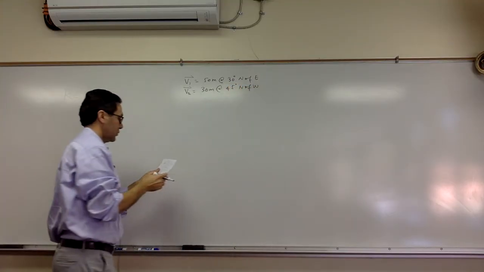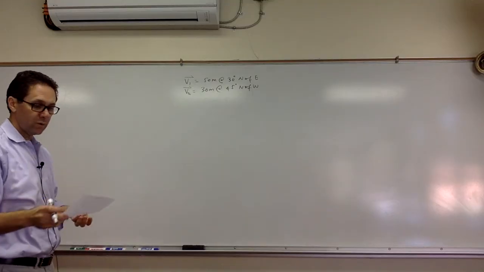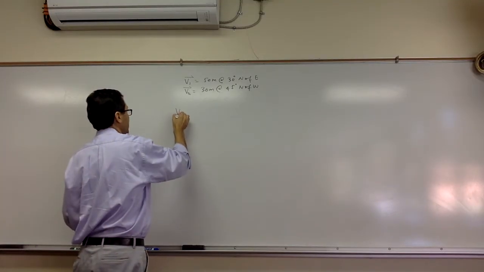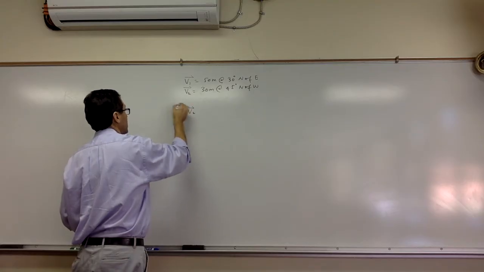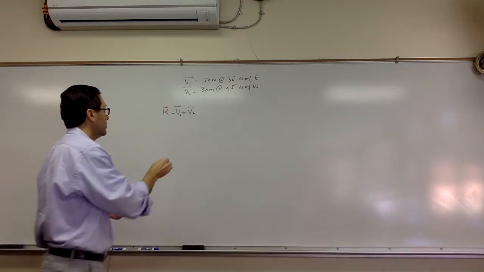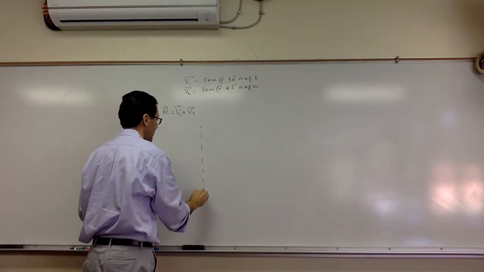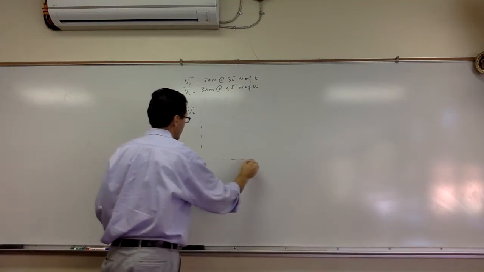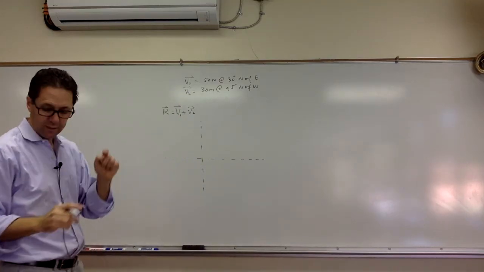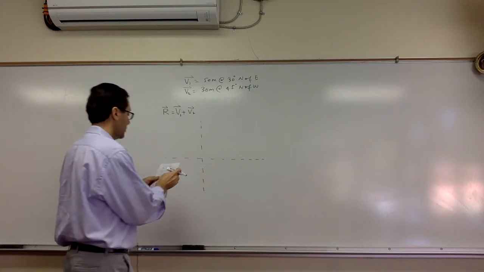Now, to do V1 plus V2, after you do the scale and all that, which is the resultant, we're going to do the map. Now, we're going to need a protractor and a ruler for this when we do it in class. So I'm just going to give you the idea, but we'll do the practice in class.